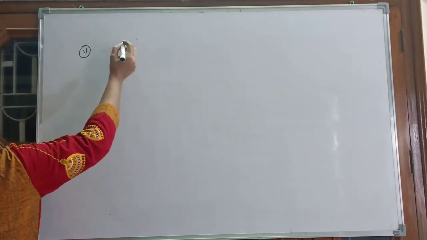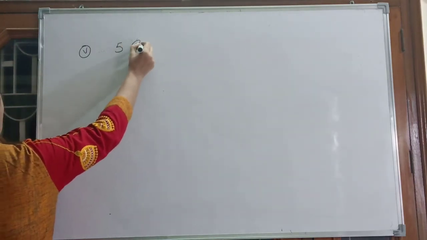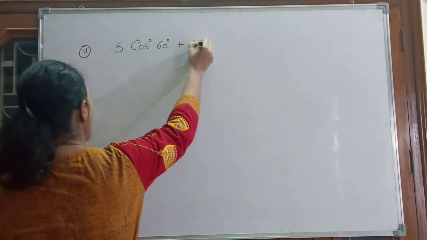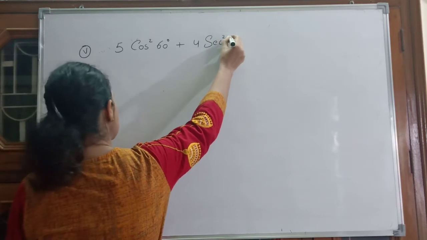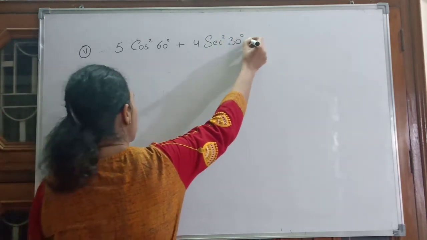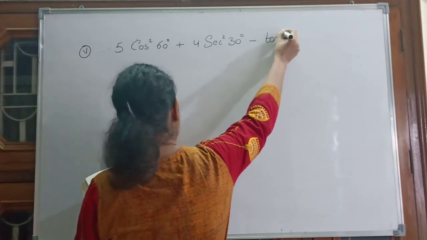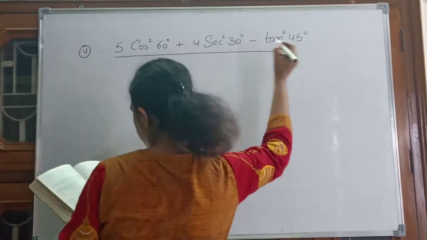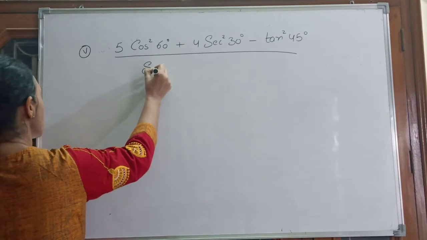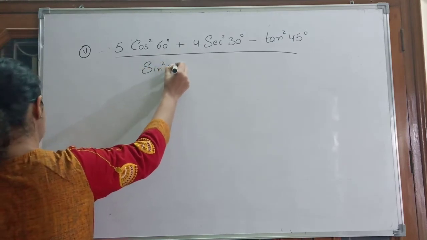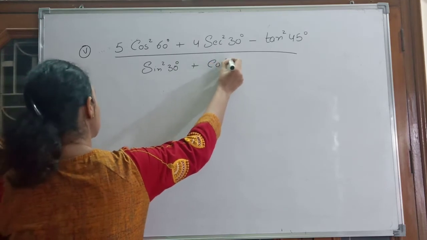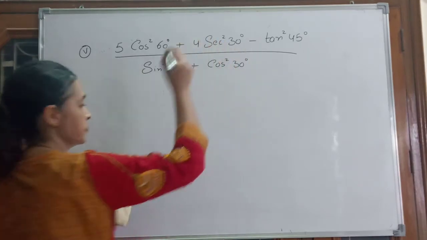Part 5. 5 cos square 60 degrees plus 4 sec square 30 degrees minus tan square 45 degrees upon sin square 30 degrees plus cos square 30 degrees.